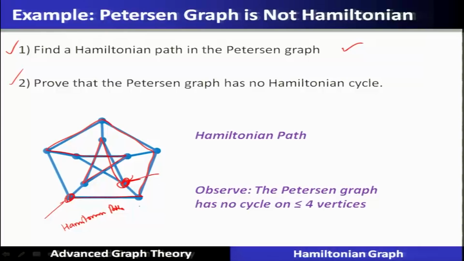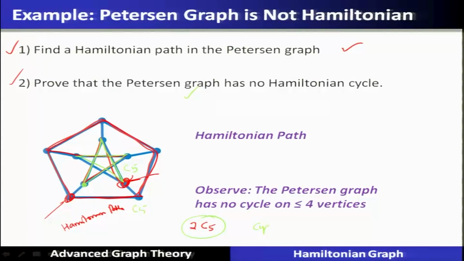We have earlier seen in previous videos that the Petersen graph has two disjoint cycles of C5, one the outer cycle and the other the inner cycle. So there are two C5 cycles in the Petersen graph.